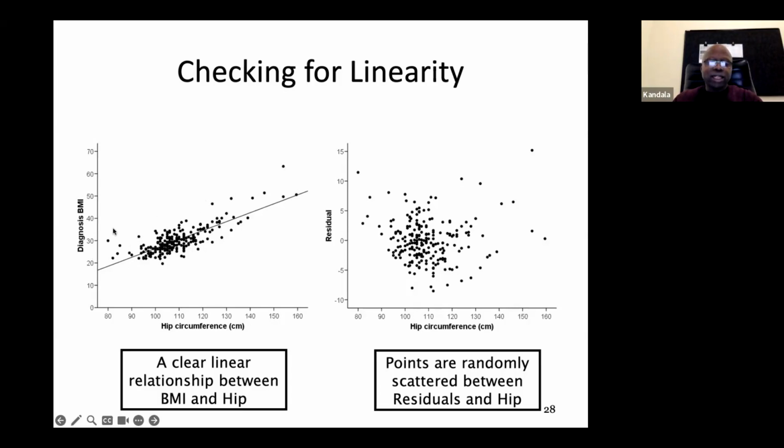Regardless of the fact that there are some deviations, the compromise here is that with this concentration of points on the straight line, this assumption is fulfilled, so we can safely assume that the diagnosed BMI and the IP are linearly related.